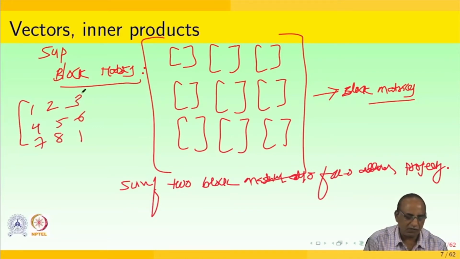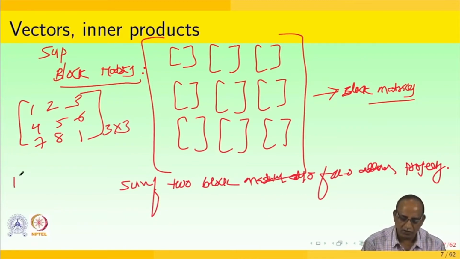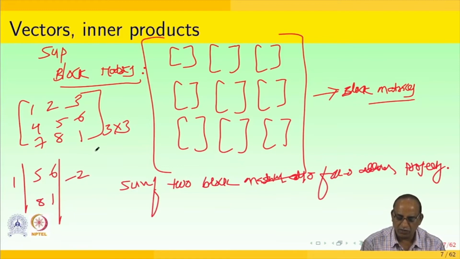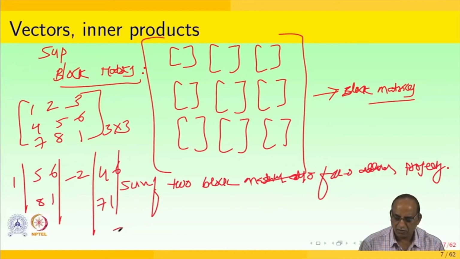For example, if we have this 3 by 3 matrix, then we reduce the 3 by 3 matrix into 2 by 2: 1 times determinant of 5, 6, 8, 1, minus 2 times determinant of 4, 6, 7, 1, plus 3 times determinant of 4, 5, 7, 8.